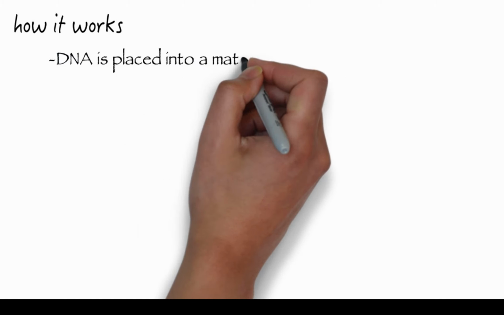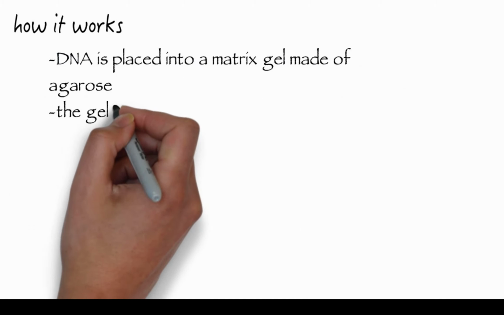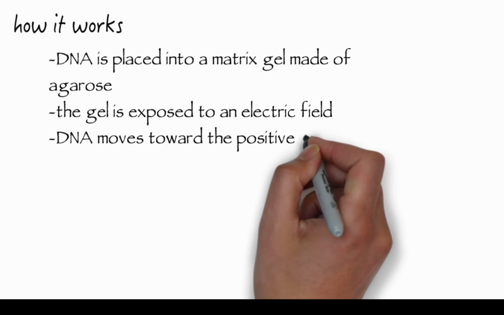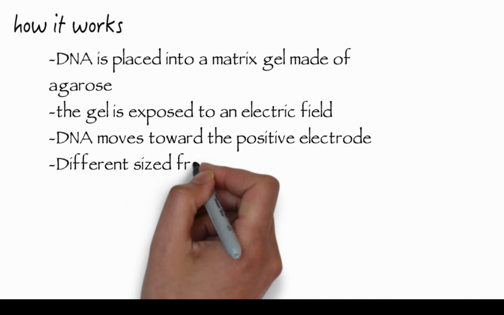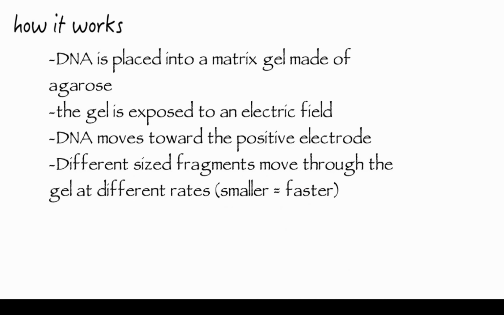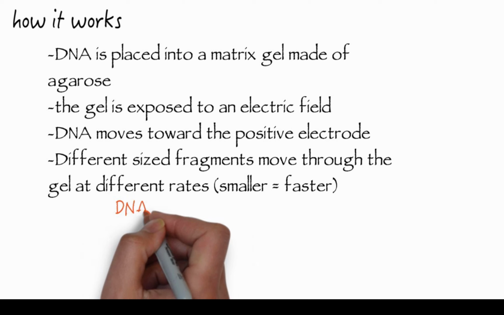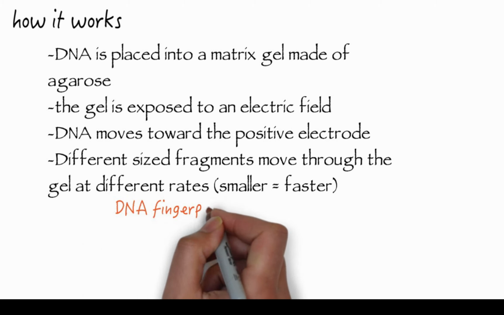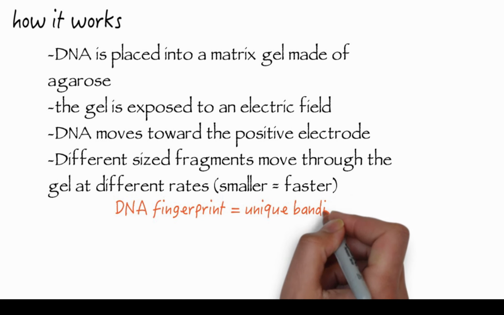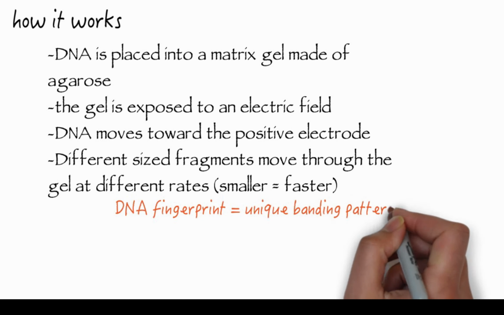First, DNA is placed into a matrix gel made of agarose. When the gel is exposed to an electric field, the DNA moves towards the positive electrode because DNA is negative with the phosphates. Different sized fragments move through the gel at different speeds. Smaller fragments move faster or further. A DNA profile, or DNA fingerprint, is a unique banding pattern of a specific restriction enzyme digest of a particular DNA sequence.